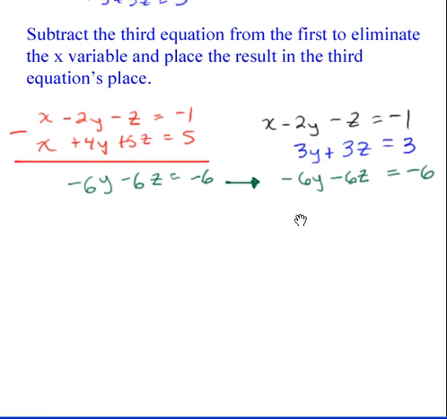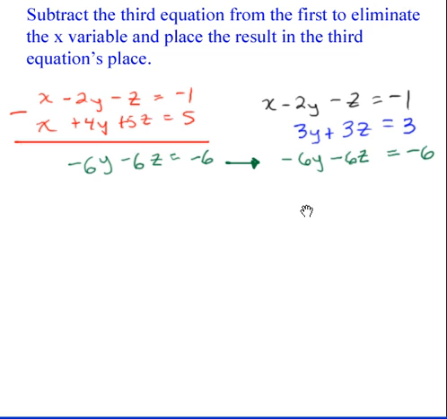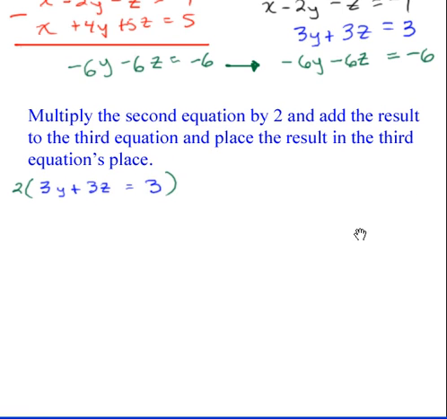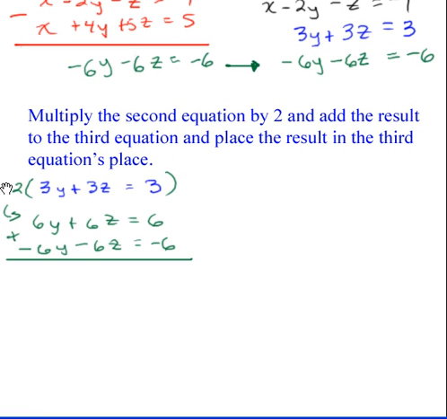Because again, our goal in this triangular process, preliminary goal, is to get the second and the last equation to have only y and z. Right now, if we take the second equation, color-coded in blue, multiply everything by 2, you'll see that positive 6y and negative 6y will be eliminated. So let's multiply everything through by 2.